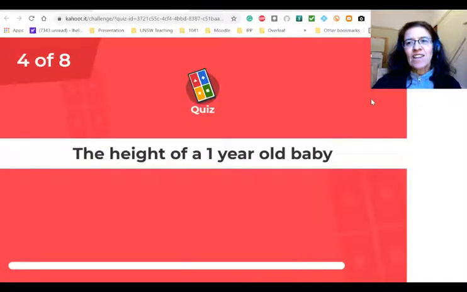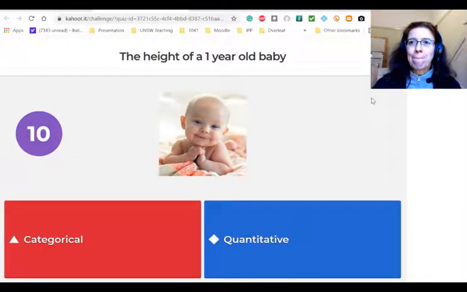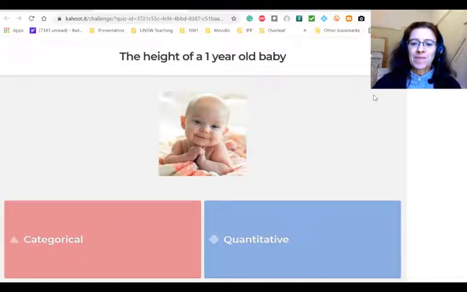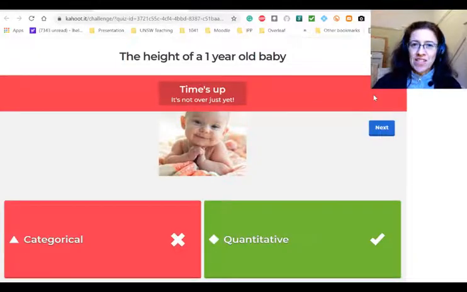The height of a 1-year-old baby. Quantitative. The values are numbers for which the arithmetic operation makes sense, like, for example, averaging.